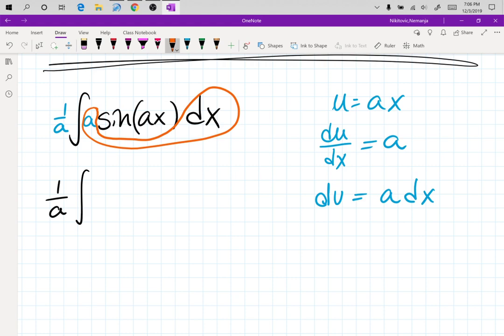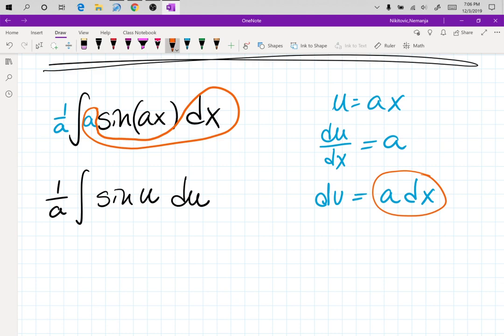And the whole thing over here is du, and inside is u. So I have sine u, and the peanut is du. Here is the peanut right there, a dx.